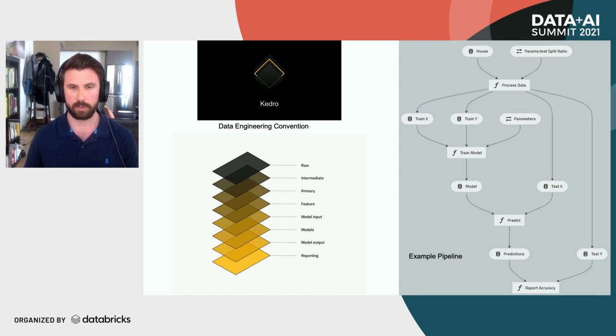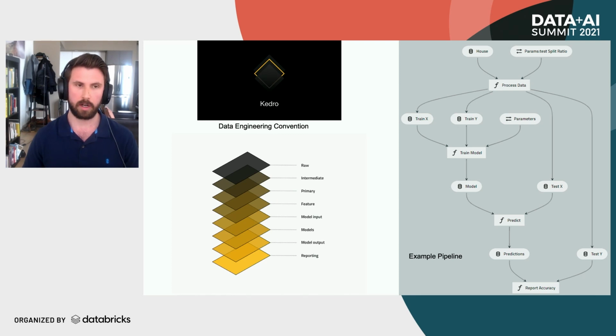So we have different layers going from the raw data, no processing whatsoever, and that goes into an intermediate layer with maybe some cleaning or cleansing or a bit of data wrangling done, and then a primary layer that could be the fully clean data that you would want to start the machine learning process at that layer.